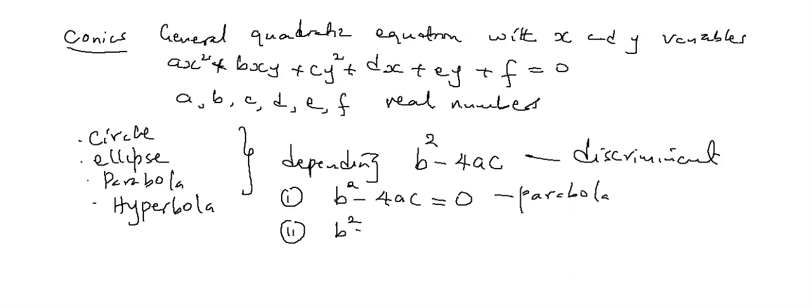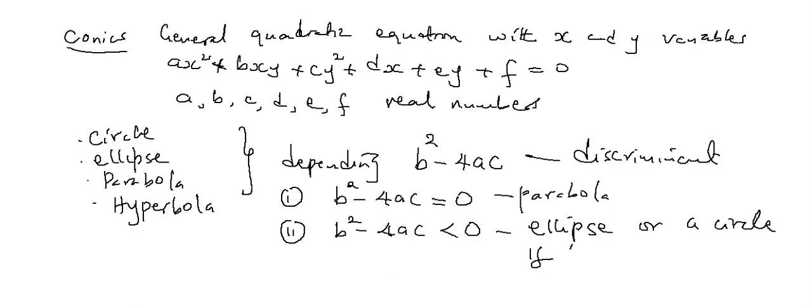If the value of b squared minus 4ac is less than 0, then the graph may be an ellipse or a circle if b is equal to 0 and a is equal to c.